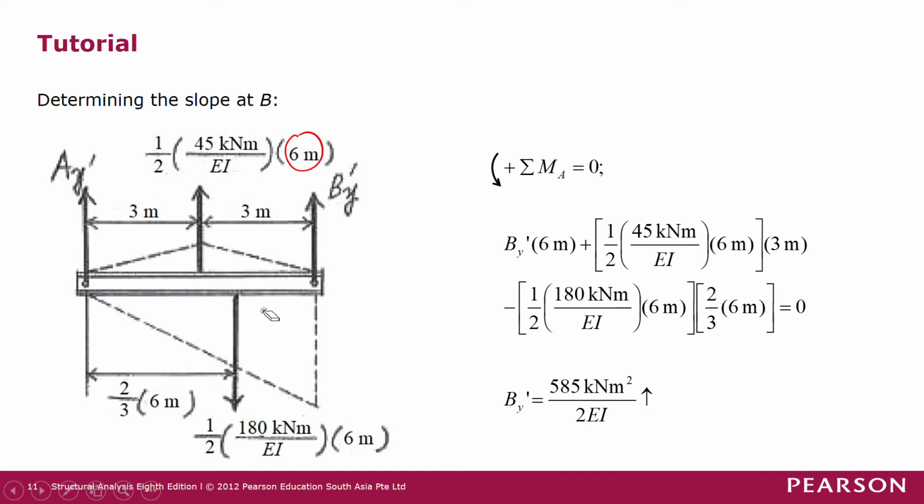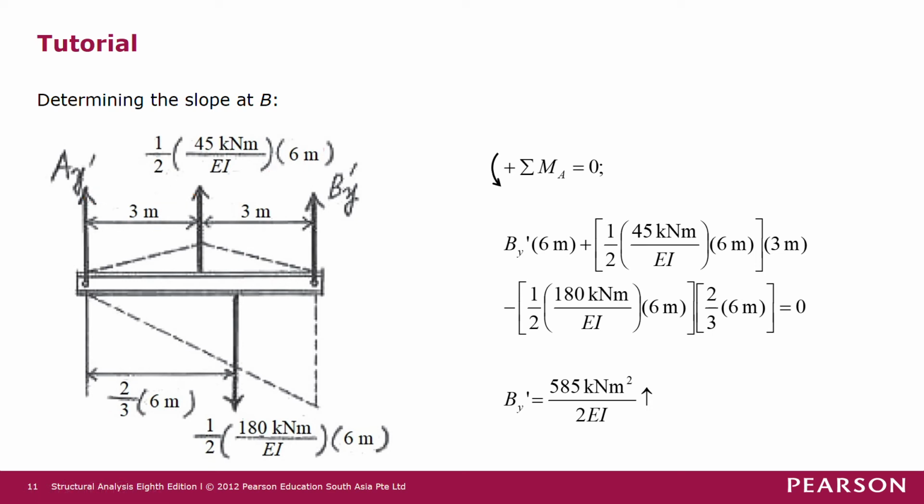And then for this force here, we have the area of the triangle, which is half times 180 kilonewton meter over EI, and then 6 meters is the base. And then the distance of this force from A prime is 2/3 of 6 meters, and then the distance of this force to AY prime here is 3 meters.